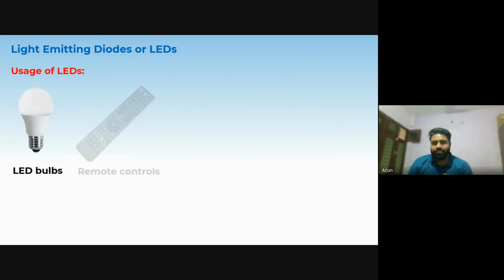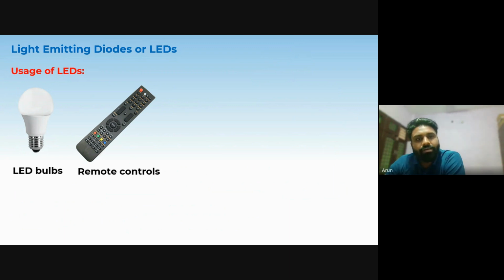Yes, this is the LED bulb. In the remote control, all of you in your childhood were wondering that if there is an LED bulb type thing given in the topmost section of it, why is it not blinking, why is it not turning on?